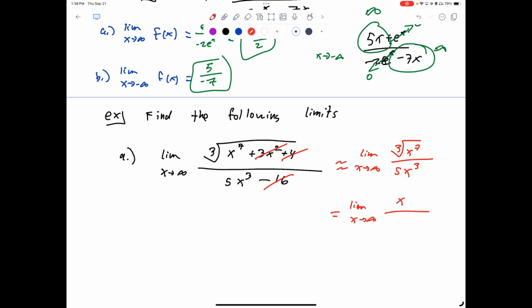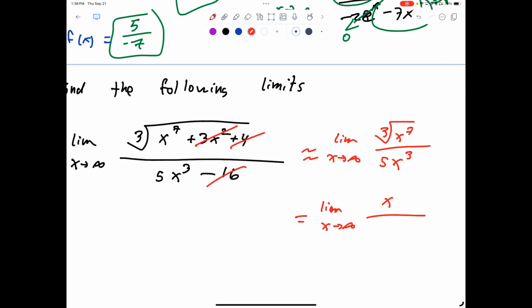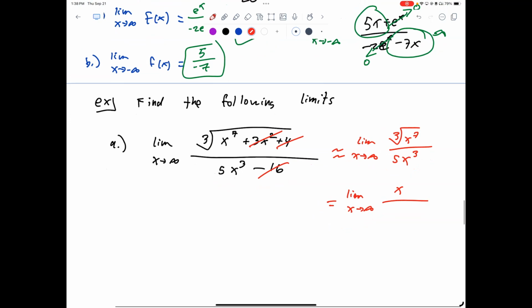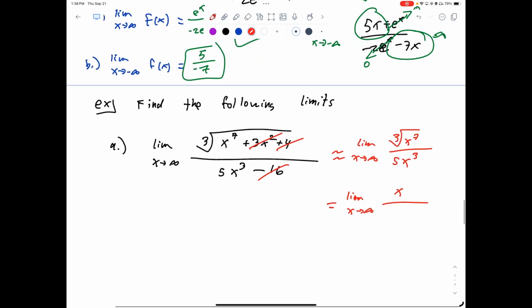Remember, I did cover radicals with you. That's x to the 7 over 3, over 5x cubed. Now, who wins?